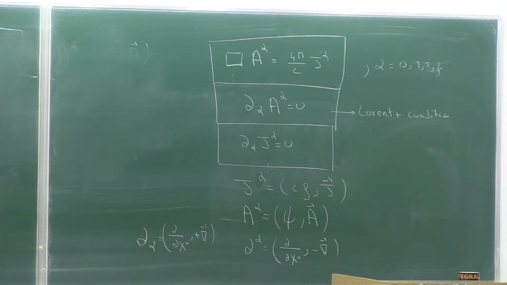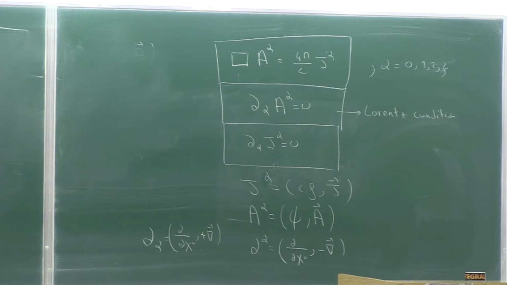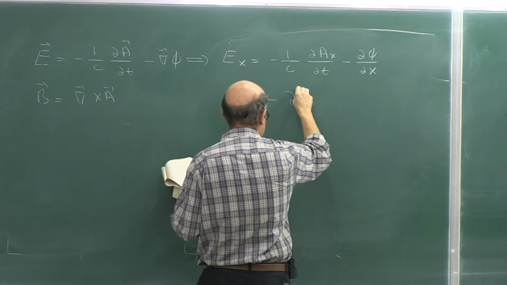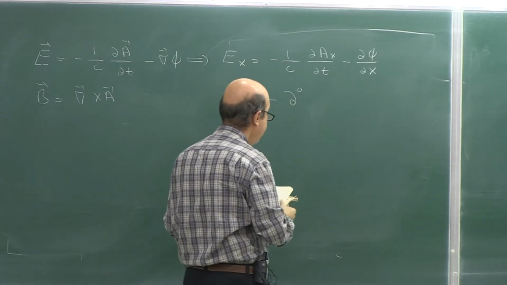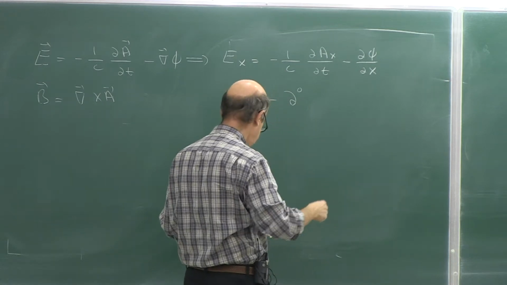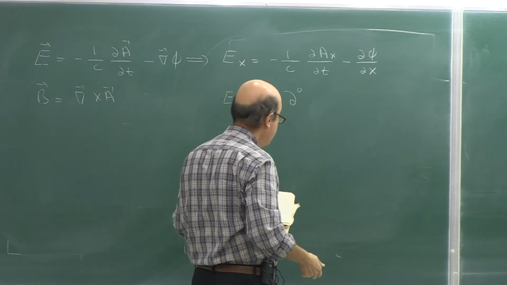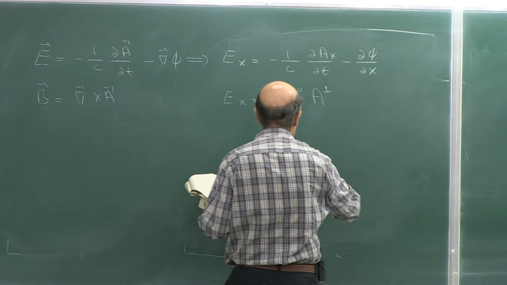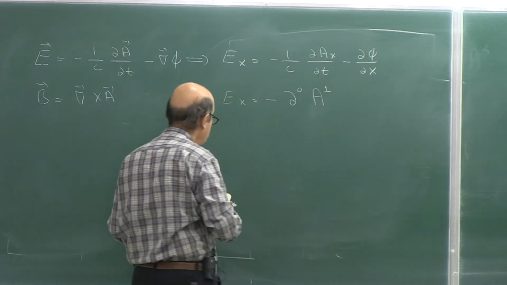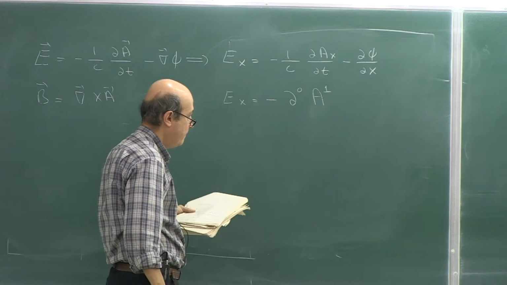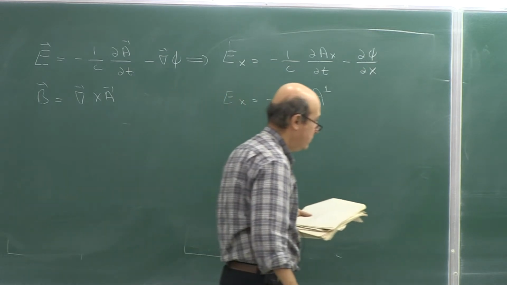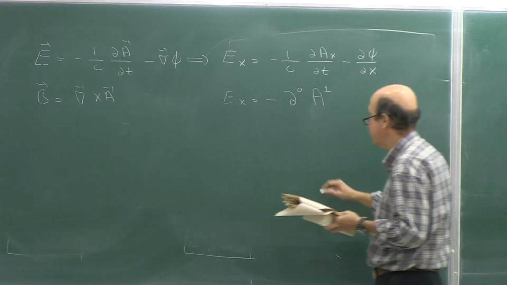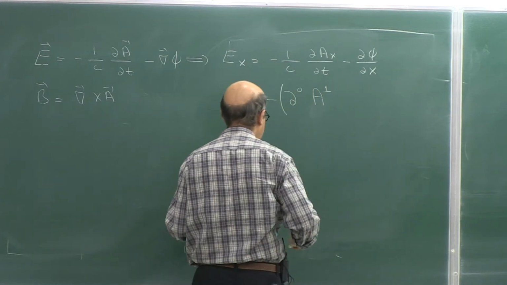So let me write in this form, minus del 0. How about A1? Ax is nothing but A1. So is it in the correct sign? Let me take this in this parenthesis.